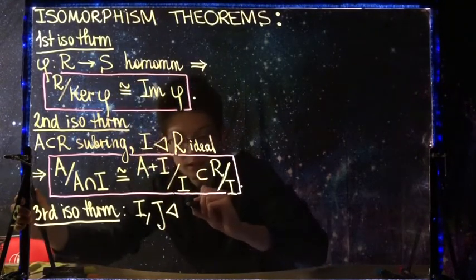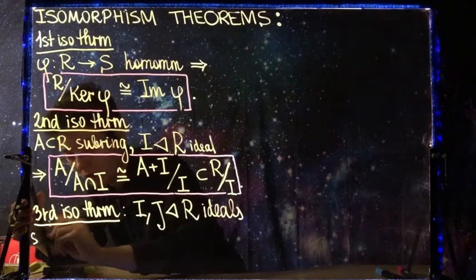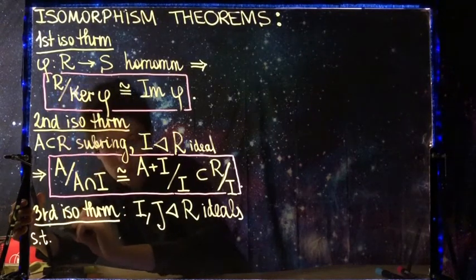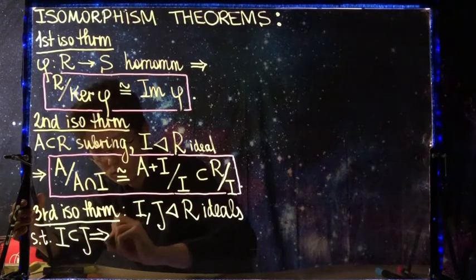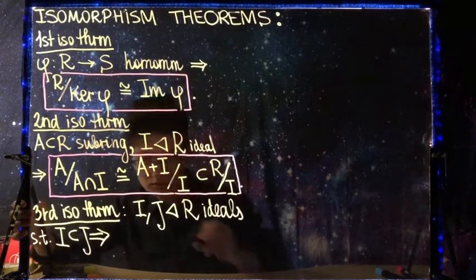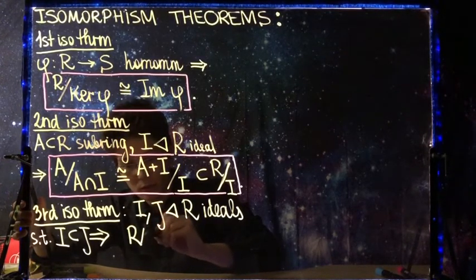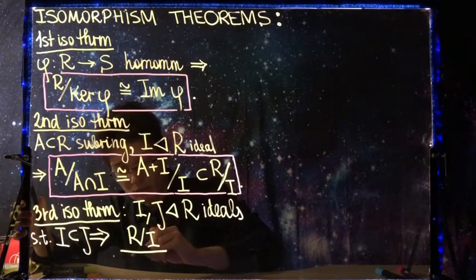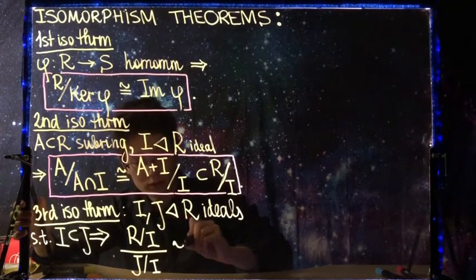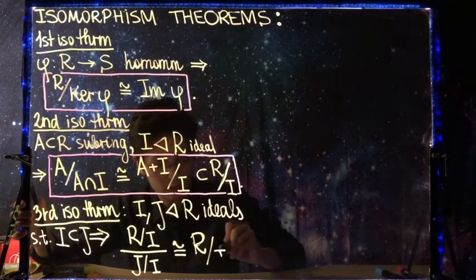Let's have two ideals I and J inside of R, such that I is contained in J. Then the quotient of R mod I by J mod I, as abelian groups, is isomorphic to the quotient R by J.